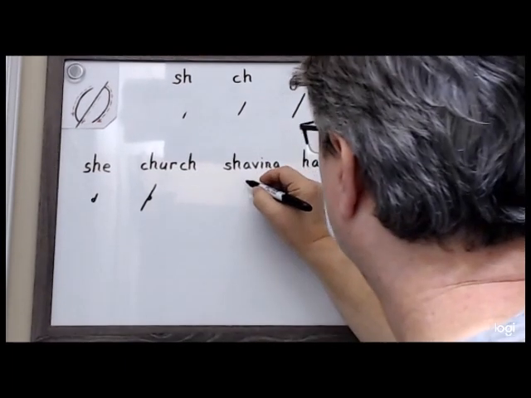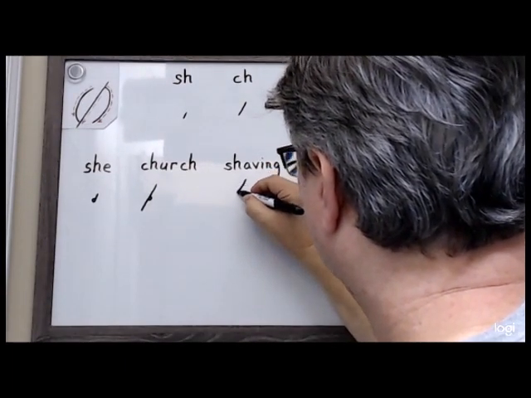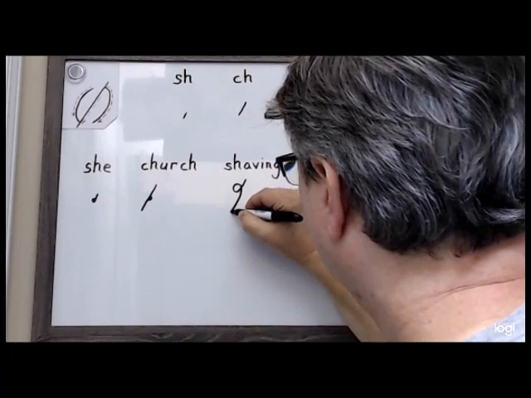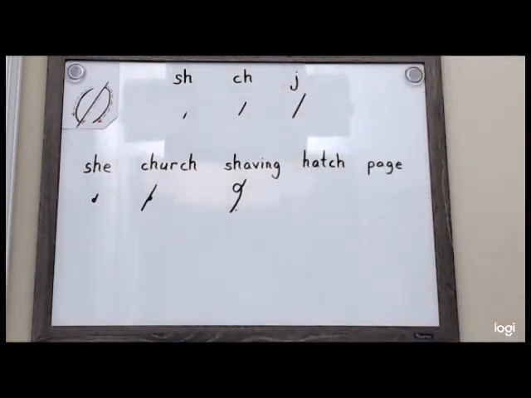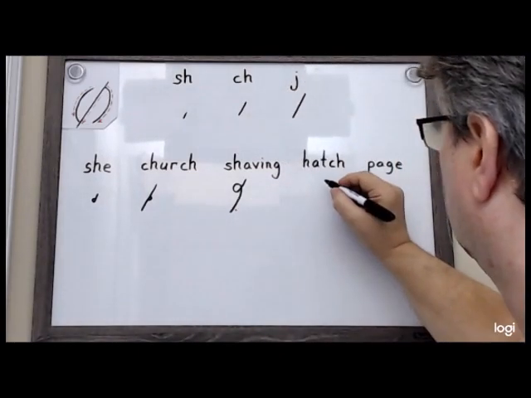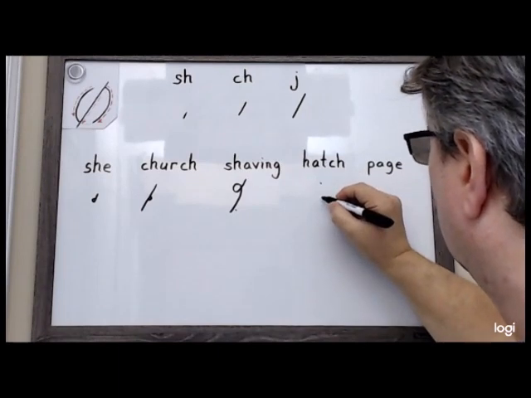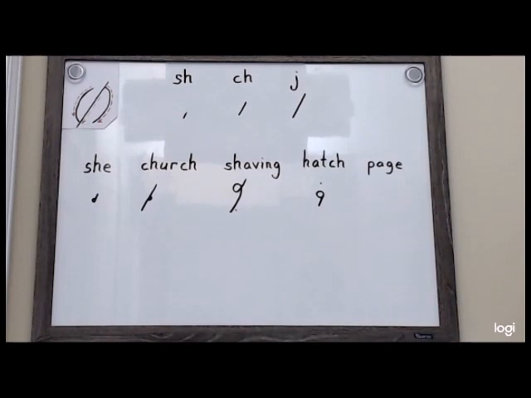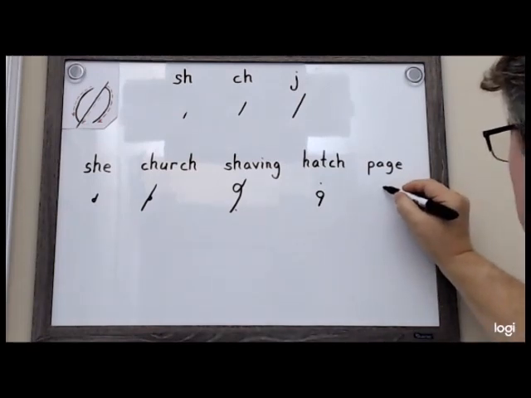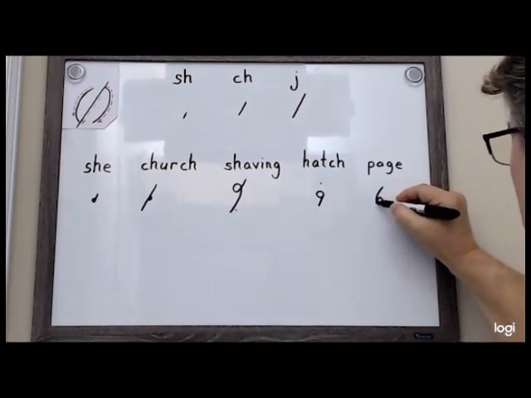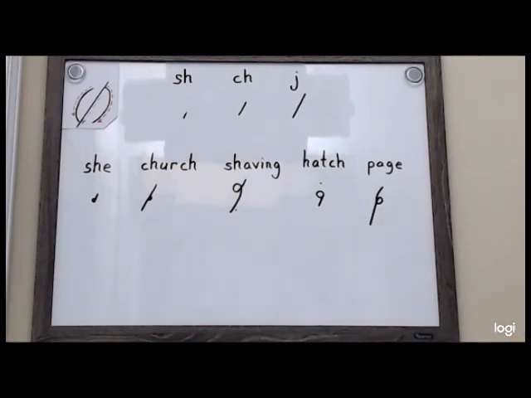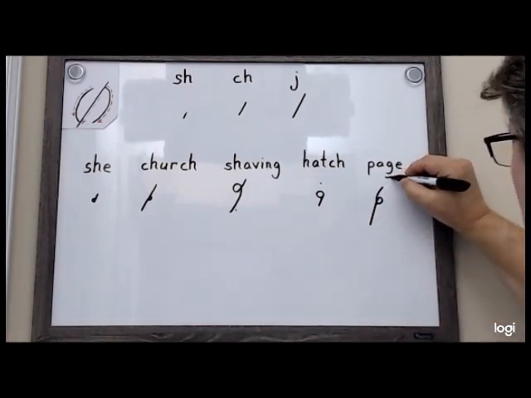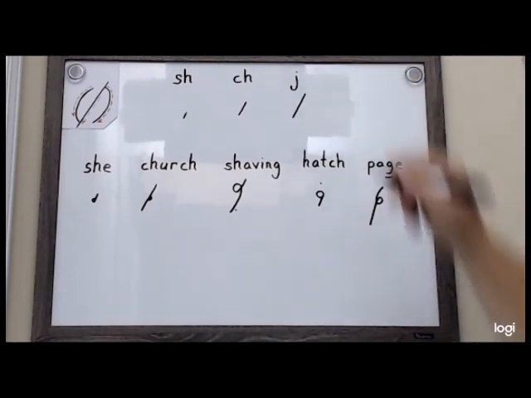Shaving is S-H-A-V-I-N-G. Hatch is H-A-C-H. And the word page is P-A-J. Now remember, this is written phonetically, so the letter G here has the J sound.